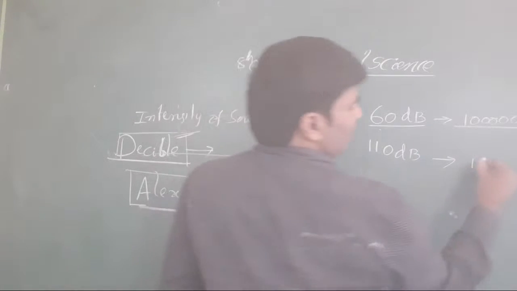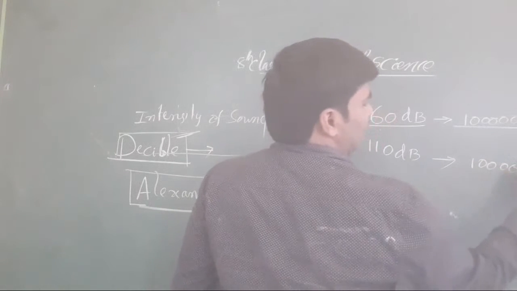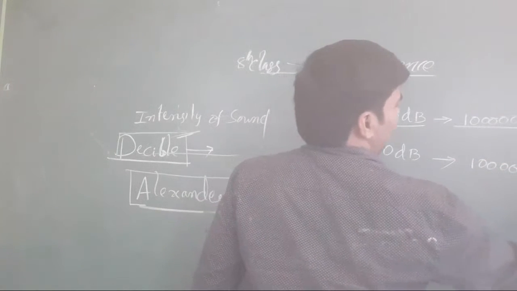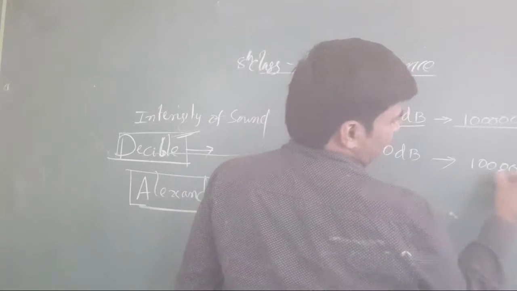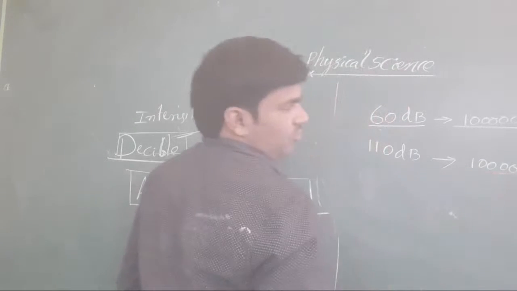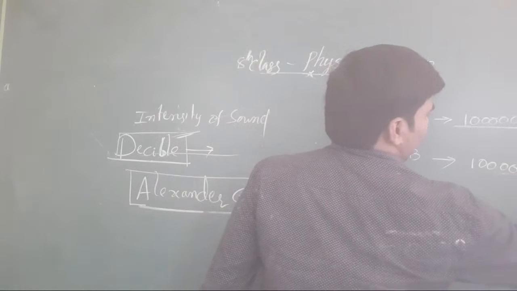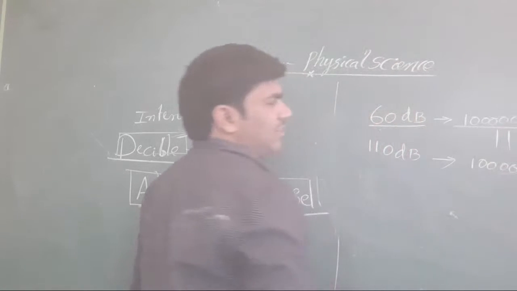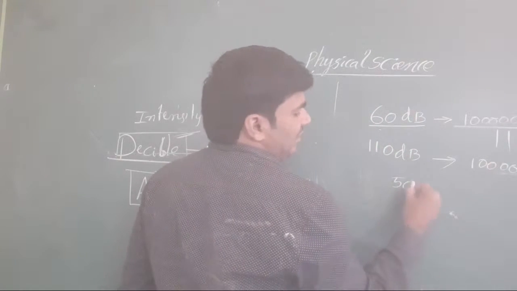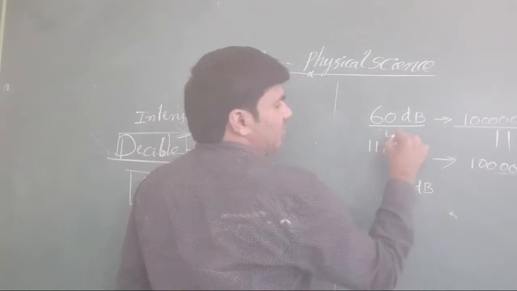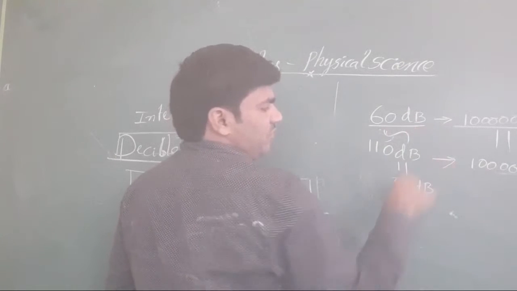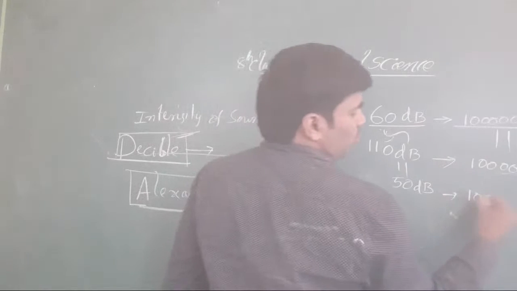Now what do you have to write in case of 110? You write 11 zeros times. What is the difference between these two things? 50 decibels. It means more than.